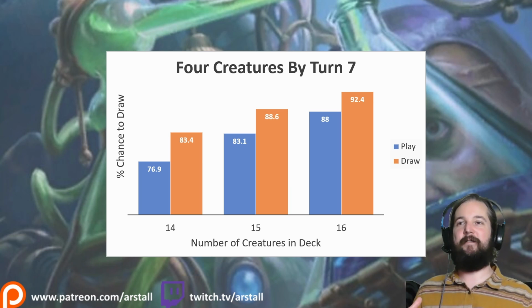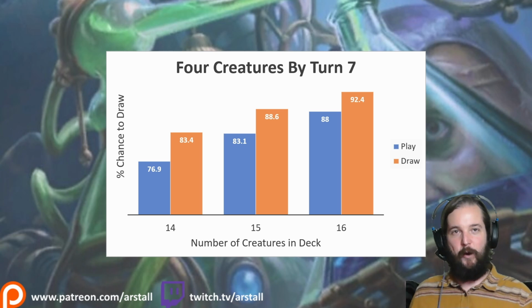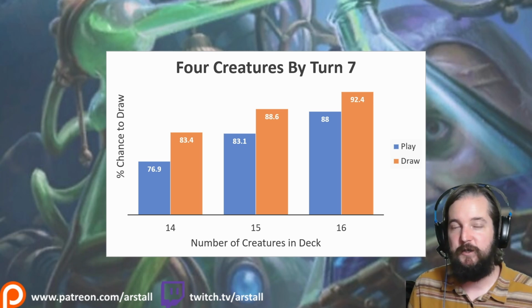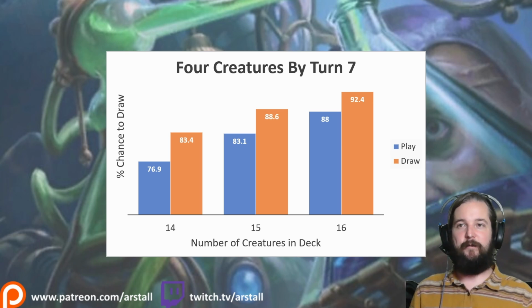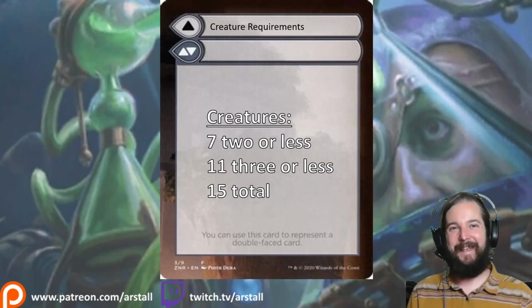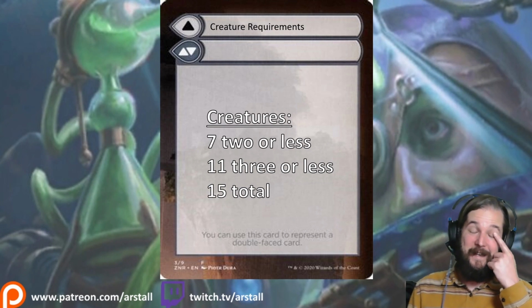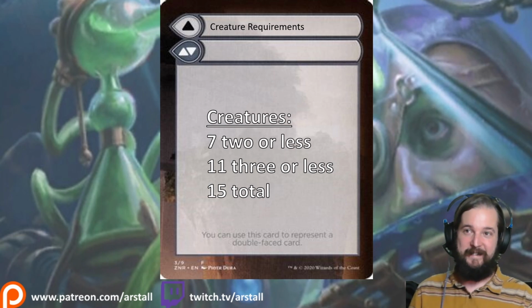And this gives you enough threats that hopefully your opponent is only able to hit 1 or 2 pieces of removal by turn 7, depending on how much they put in their deck. The 4 creatures should give you enough to ideally close the game, at least in theory. So to summarize, for creatures, we need 7 that are 2 or less, we need 11 that are 3 or less, and we need 15 total.